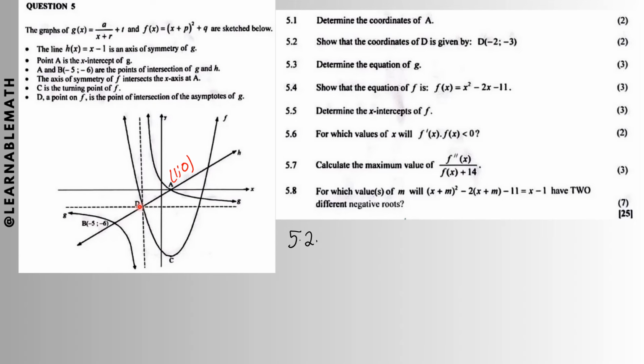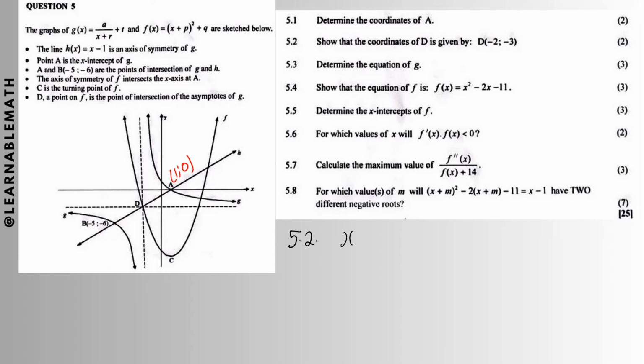So it's somewhere there, and you can see that if this D is the point of intersection of that axis of symmetry, then it's also the midpoint of AB, right? If you check AB there, there's equal distance from D to A and equal distance from D to B. So D is at the midpoint of AB. So we can use that idea to solve for the coordinate of D to show that indeed it will be equal to (-2; -3).